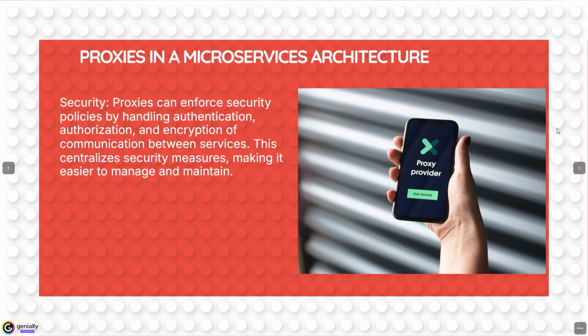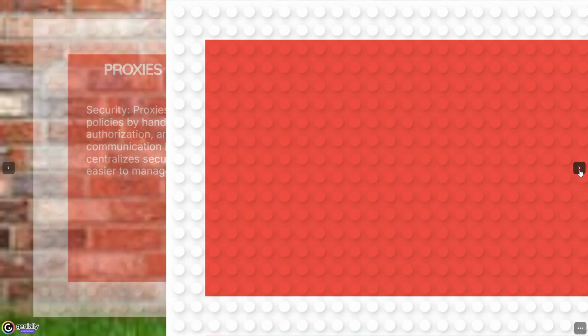Next one is security. Proxies can enforce security policies by handling authentication, authorization, and encryption of communication between services. This centralizes security measures, making it easier to manage and maintain.